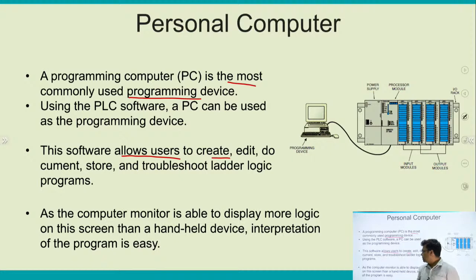The computer monitor is able to display more logic on a screen than the handheld devices. So any kind of change in a program, we can make in a much easier way through the personal computer.